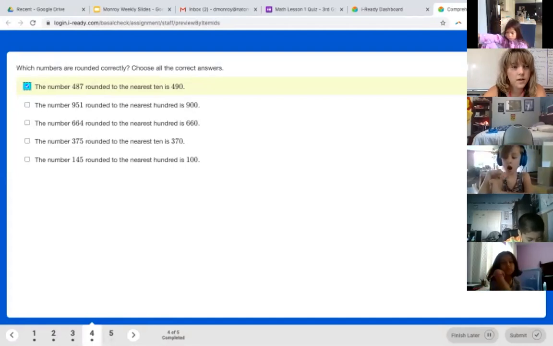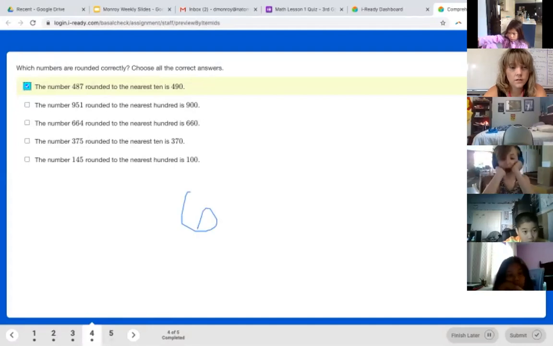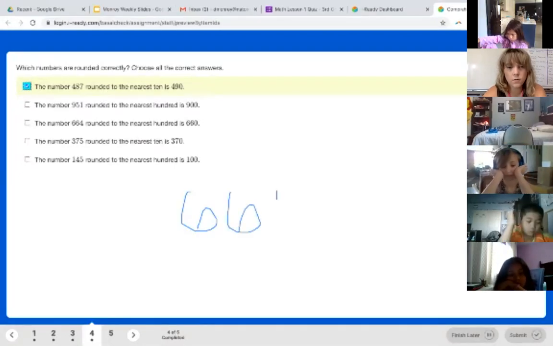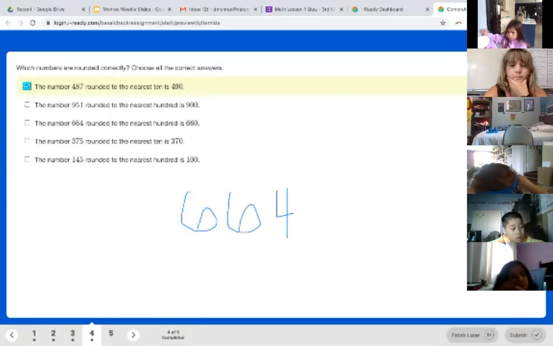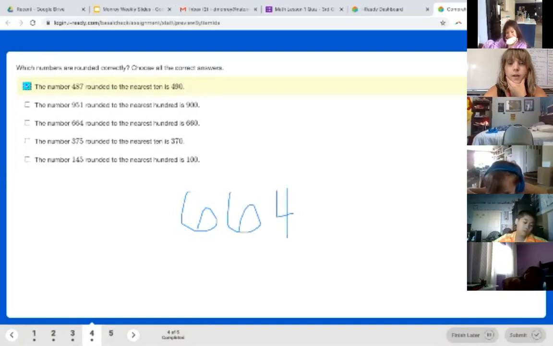So the number is 664. Rounding to the nearest 100, so let's see. William, what number's in the hundreds place? That's in the hundreds place.